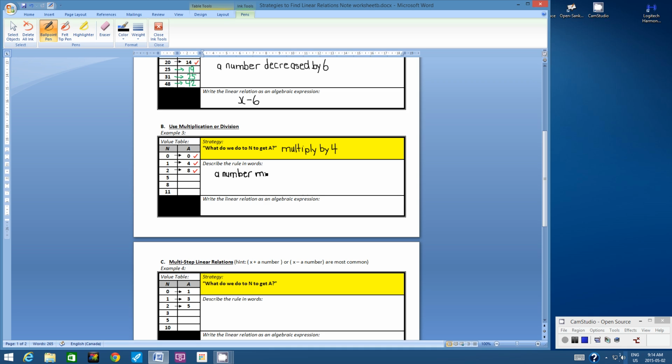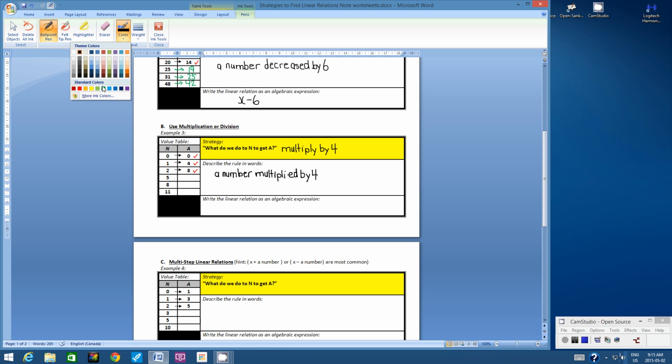So how about a number? Pretty easy. A number multiplied by 4, or a number times 4, or 4 times a number, quadruple. They will all be good.